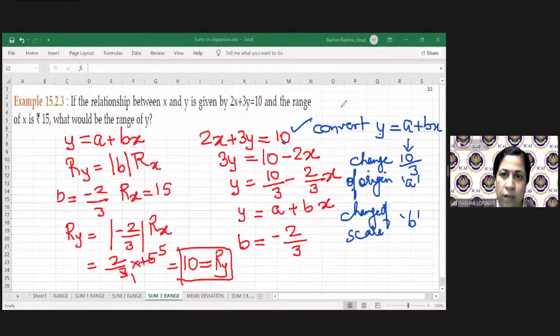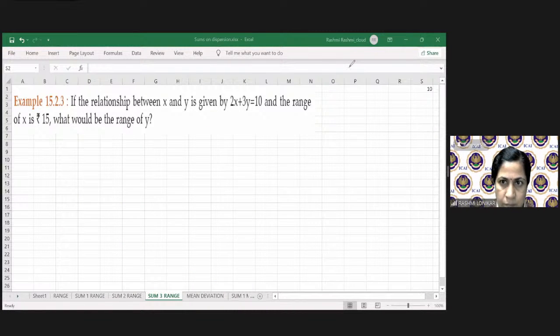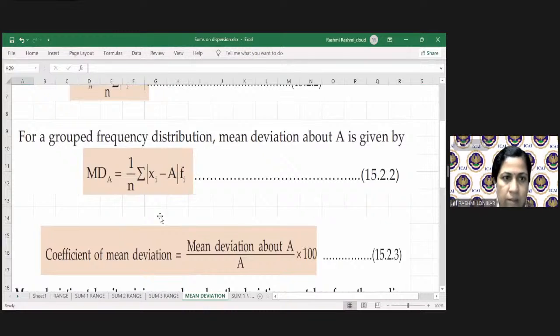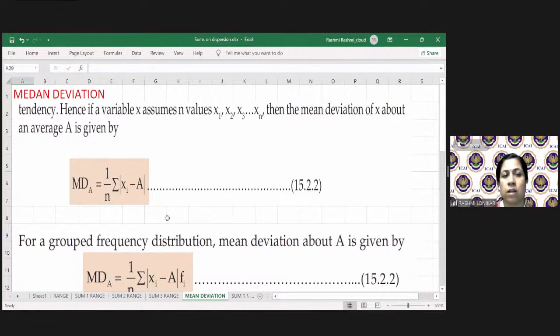So we have to now see what is the mean deviation. Again, we will have a formula for grouped data, and we will have one for ungrouped data also.